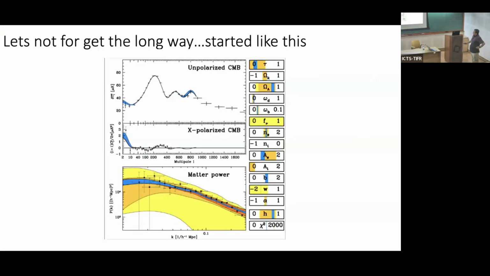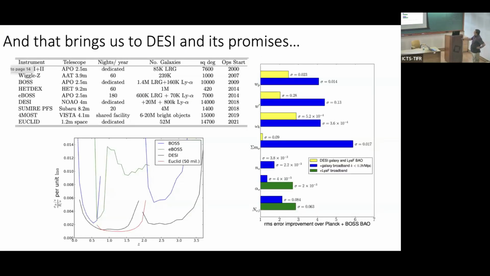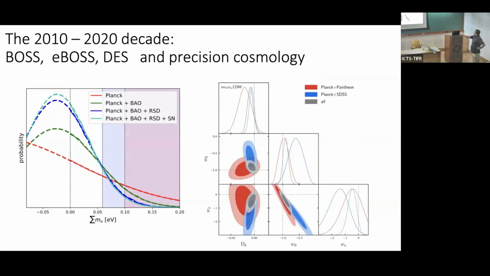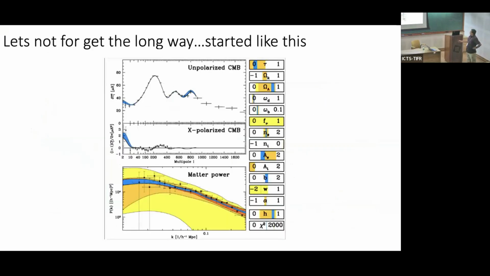One thing you should realize is that these results were in the late 2020s. This has come a long way from the first SDSS results. The first SDSS parameter measurements were like this. This was the kind of measurement. But even then, whatever we could do with CMB alone, just adding large-scale structure gave a lot of improvement. So there's a huge improvement that happened in the last 20 years.